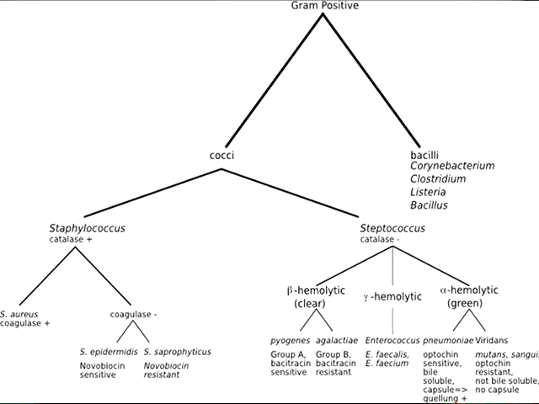Now, initially, how the organism is arranged on the slide, whether it's in chains or in clumps, gives the microbiology tech a leg up, a clue as to what organism they're dealing with. But that's not always necessarily the most sensitive method of identifying.